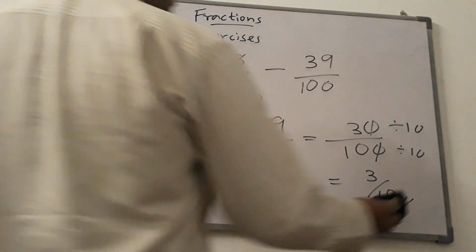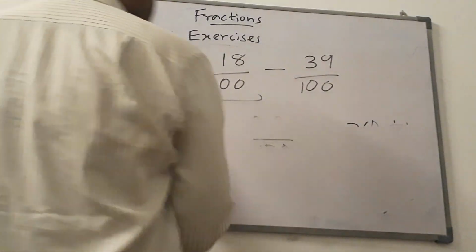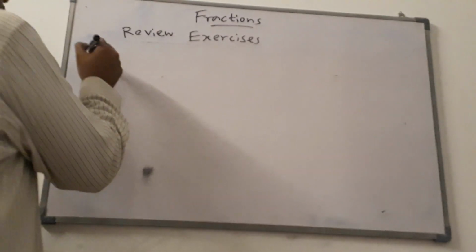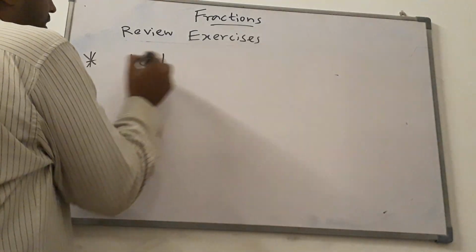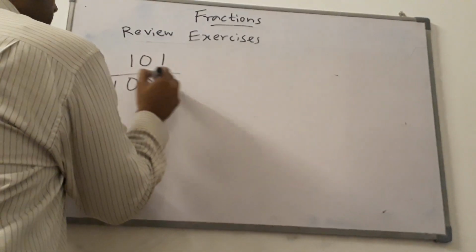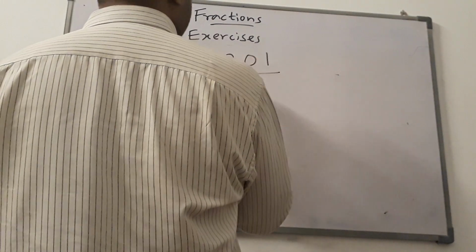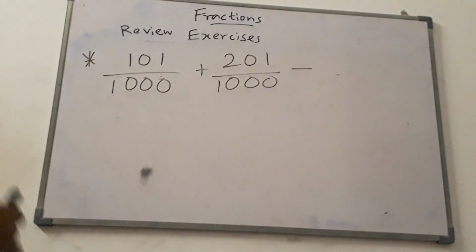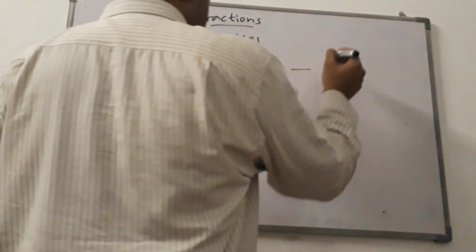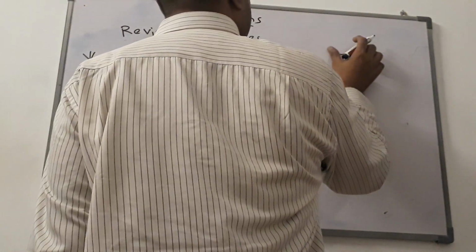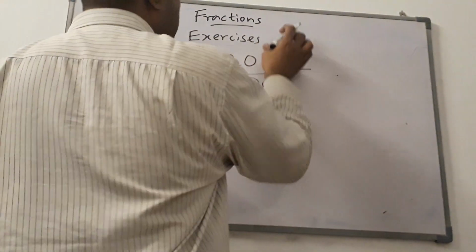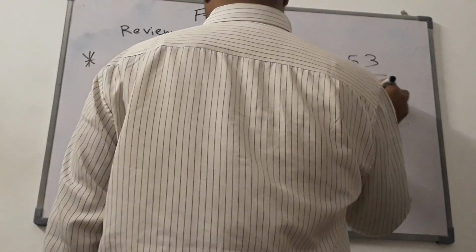And our final sum for the session is 101 out of 1000 plus 201 out of 1000 minus 203 out of 1000 minus 53 out of 1000.